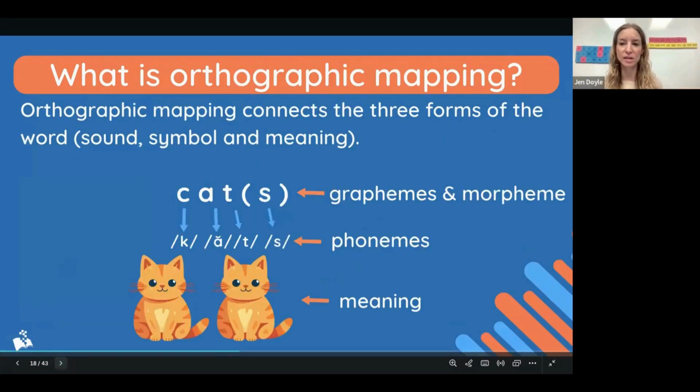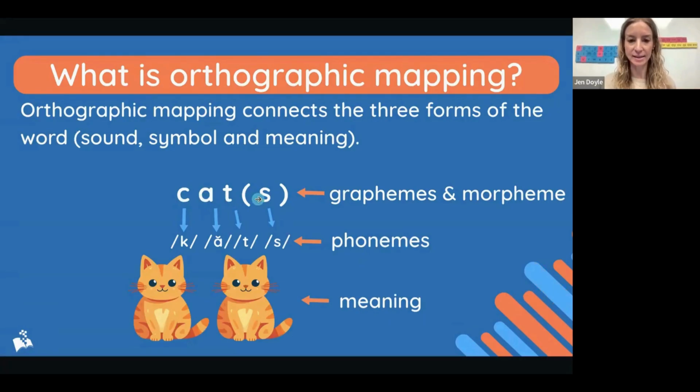So how do these three forms connect? Here's an example of the word cats. If we look at that, we can see that we've got this word that's made up of the graphemes C-A-T-S. S is also our morpheme because this is the meaning changing unit that changes it from one singular cat to multiple cats.